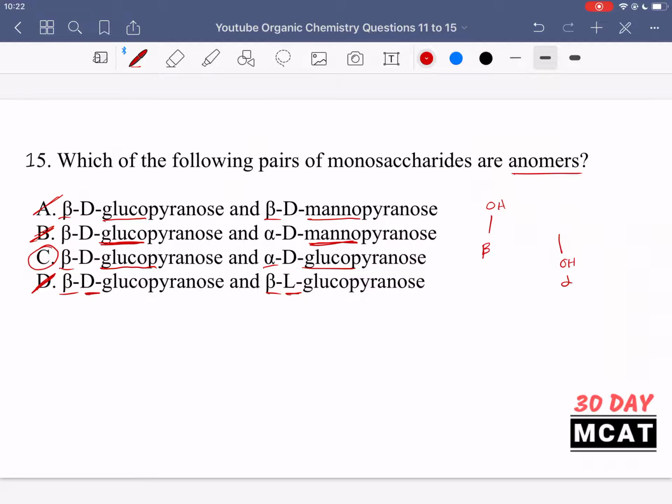We don't have to break and create new bonds as we do in enantiomers that are much stronger covalent bonds. Here we're breaking a weaker bond which can just open and close again in an equilibrium in a ring closing formation. So therefore C is the only correct answer for giving us a pair of anomers.